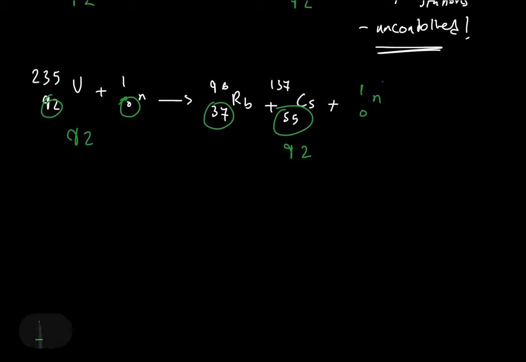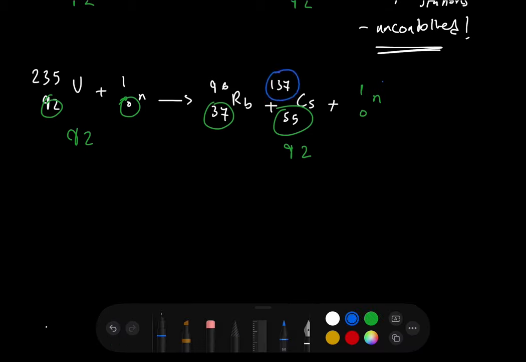Well, let's count the mass numbers on top. 137 plus 96, that's going to give us 233. We got 236 here, so we're talking about 3 neutrons because that'll complete the reaction. If you add 3 to this, you get 236, which will make both sides of the equation be equal to each other. So that is the process of nuclear fission.